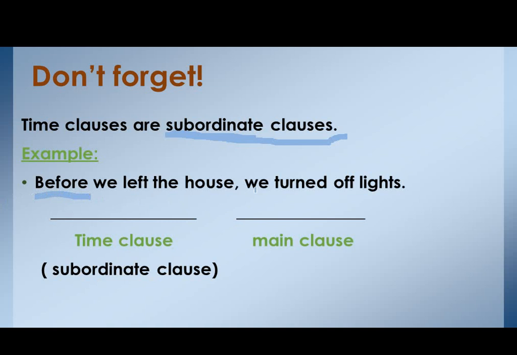And the second one is a main clause. We know that time clauses are always subordinate clauses. If you want to remind yourself about subordinate clauses, you can go back to your student book, Unit 4, the language development, and you will revise the subordinate clauses.